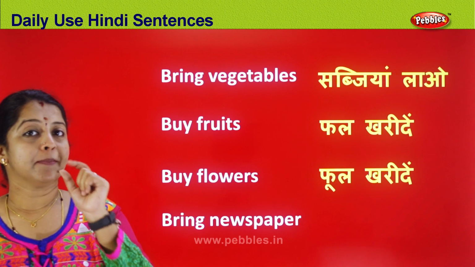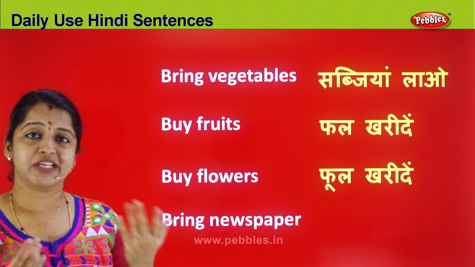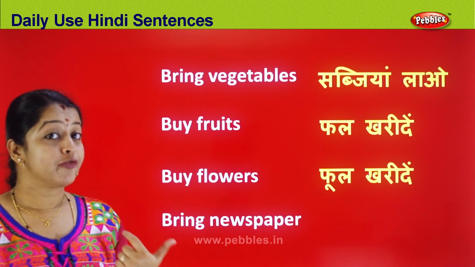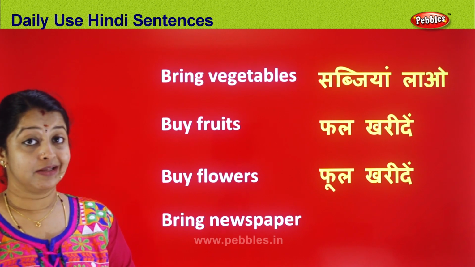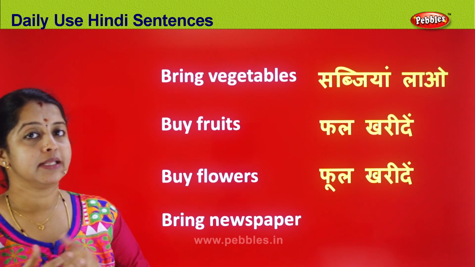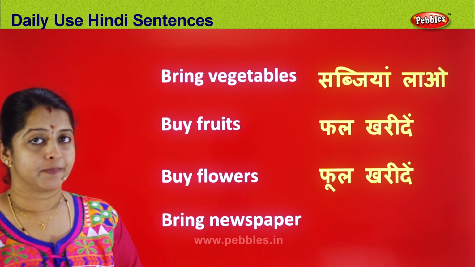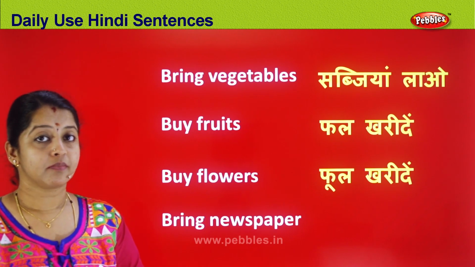So there is only one matra difference between fal and fool. Fal means fruits and fool means flowers. So fool kharide. I would say Didi, fool kharide. Bhaiya, fool kharide. Mata, fool kharide.